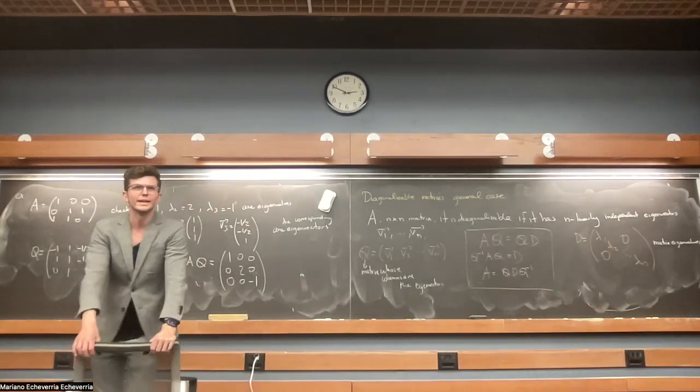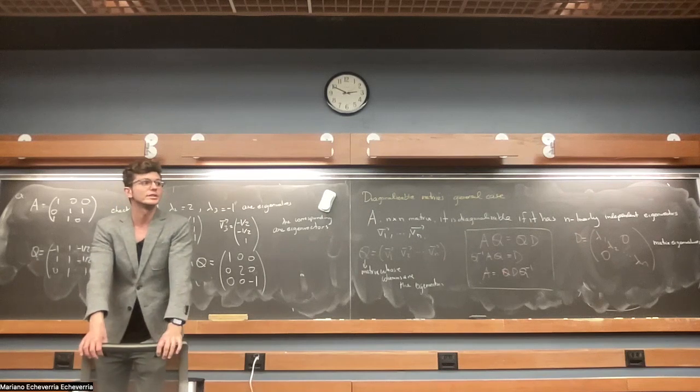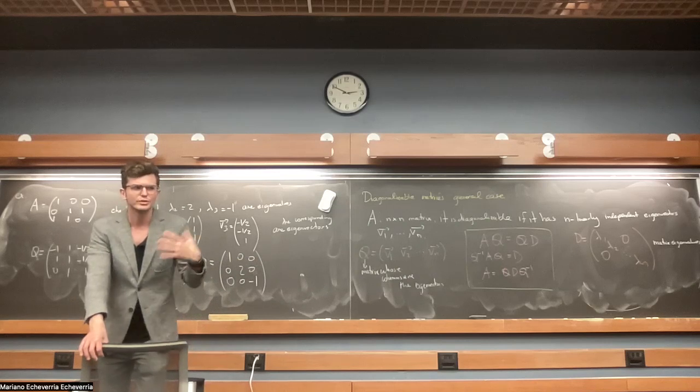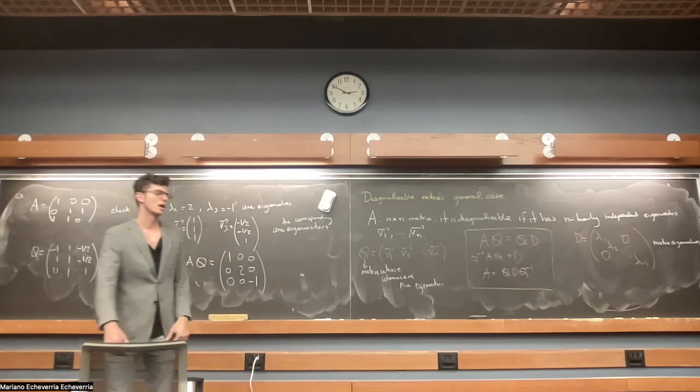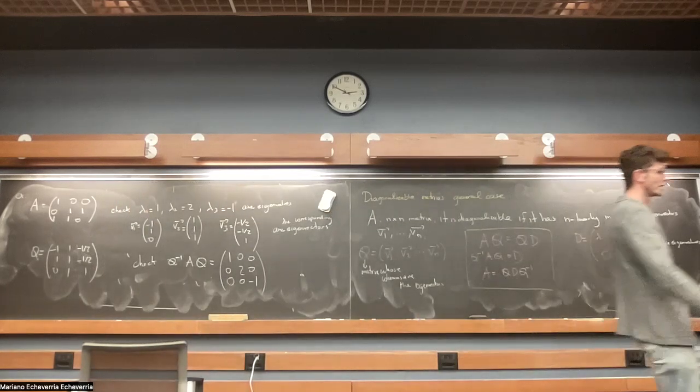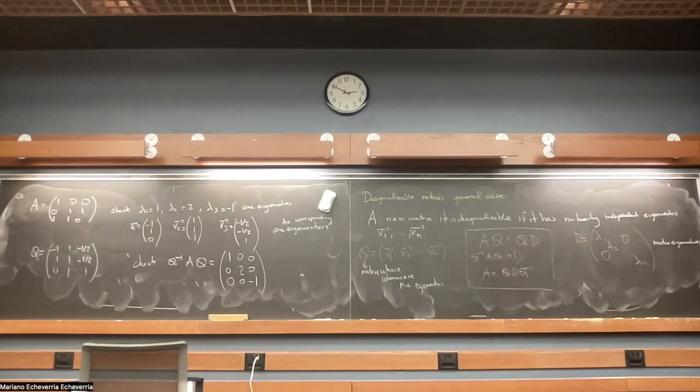Once we get there, in that case you can say a little bit more about how the diagonalization looks. For that, it's useful to first discuss a little bit more about perpendicular vectors and orthogonal subspaces, which is what we would do after the exam.